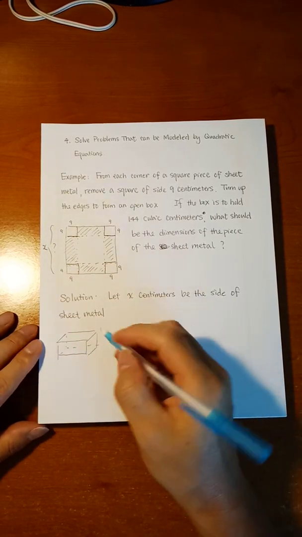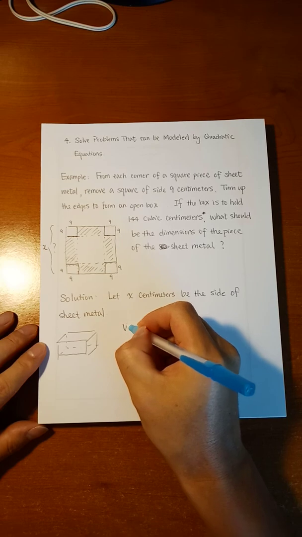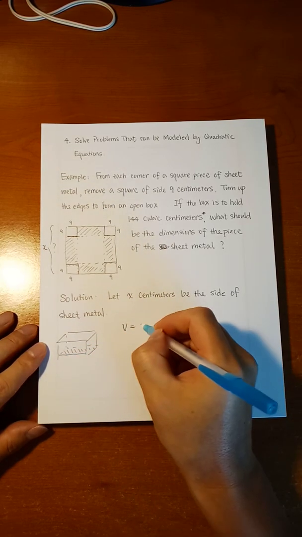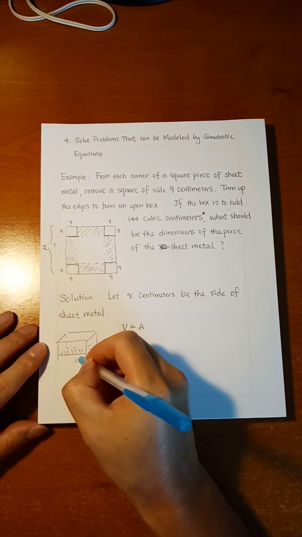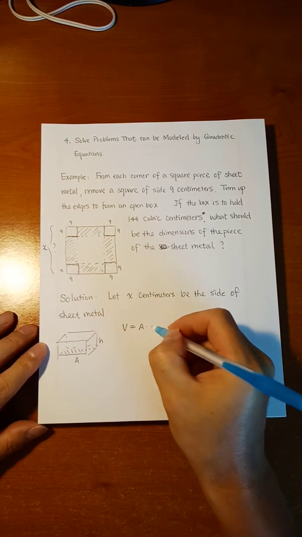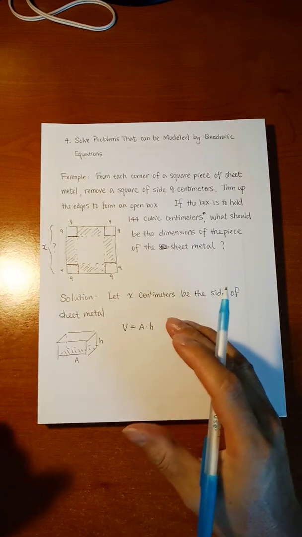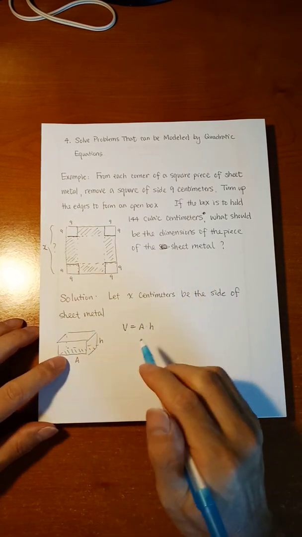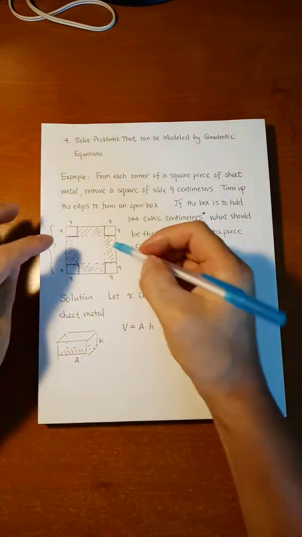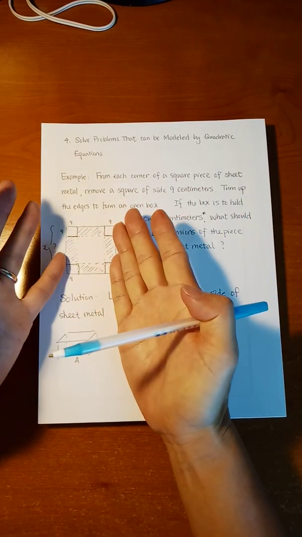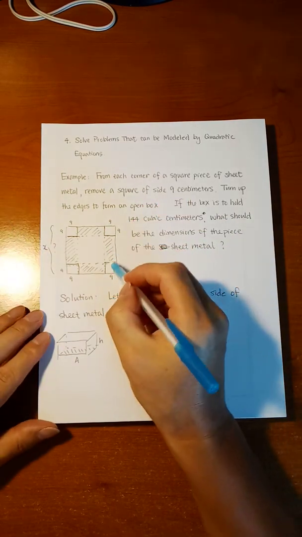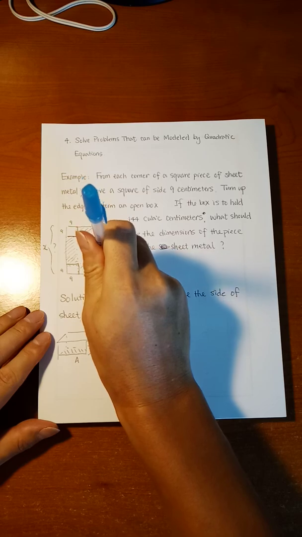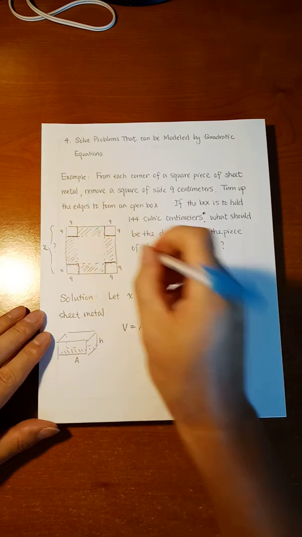When you have a box, the volume is equal to the area of the base times the height. Okay, so the volume of a box is equal to the area of the base times the height. When we turn up the edges to form the open box, this side is turned up vertical, so it becomes the height.